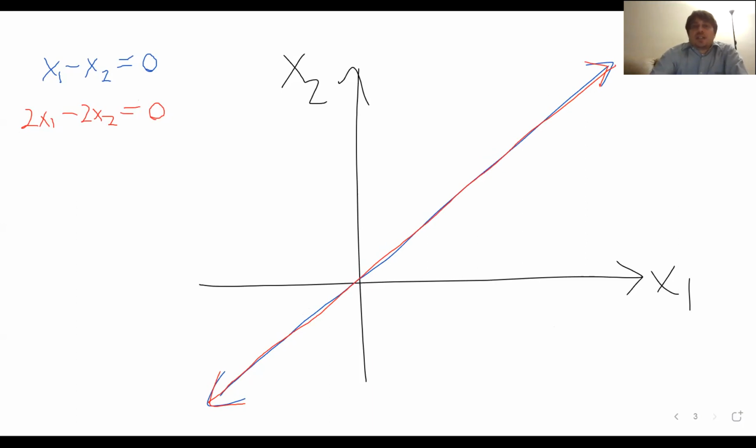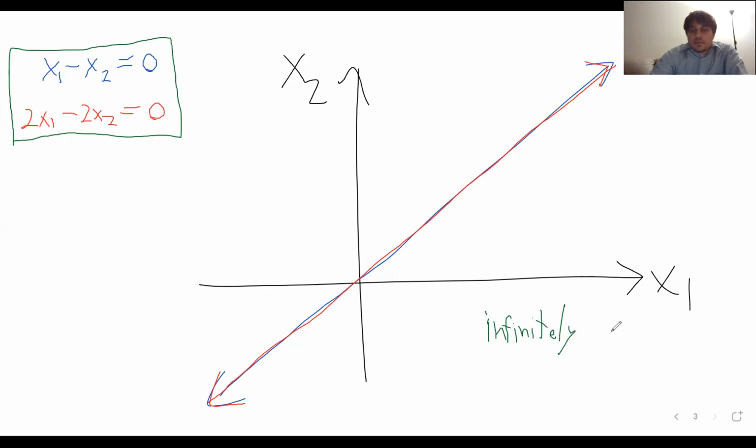So these two linear equations, their solutions form the exact same line. And so this actually has infinitely many solutions. And this is an example of case 3.